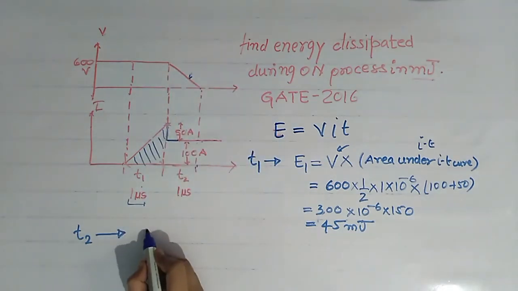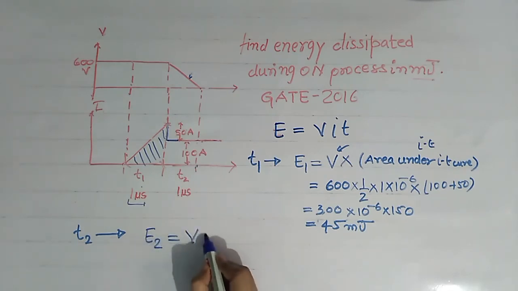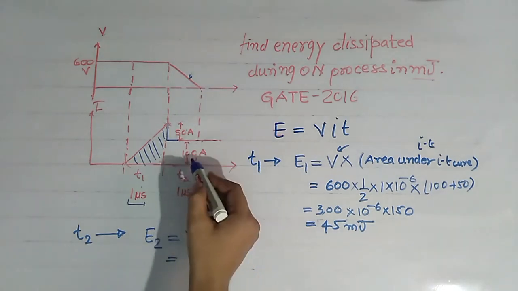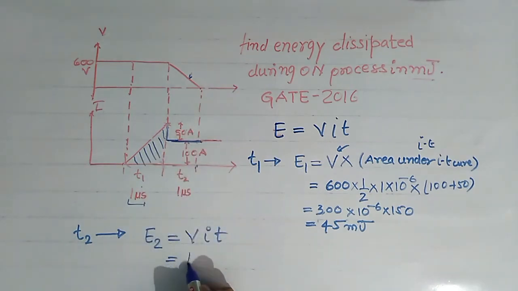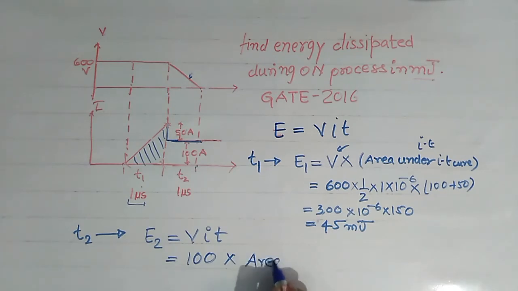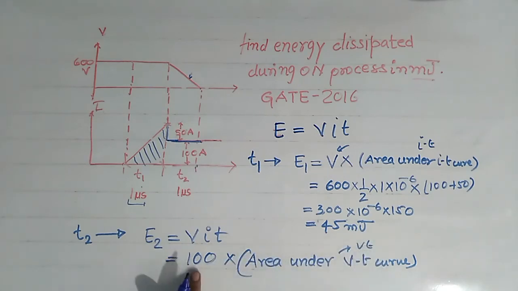So we can write energy losses during time T2 is equal to again VIT, and here current I is constant, that is equal to 100 ampere. So simply 100 into area under VT curve. So it will give VT. So simply we get VIT.